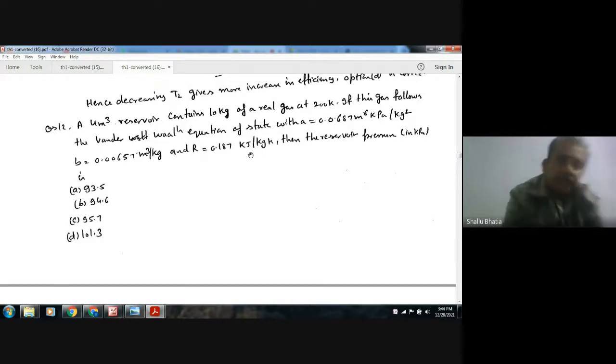a 4 meter cube reservoir contains 10 kg of real gas at 200 Kelvin.